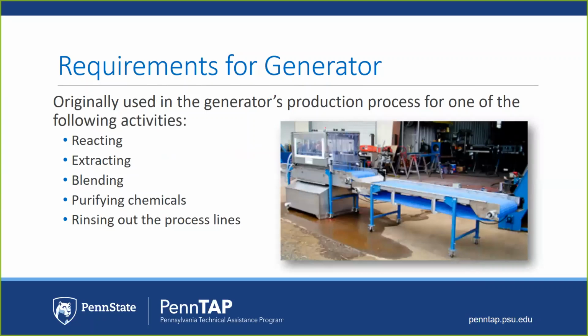In order to qualify for the exclusion, the solvent must have originally been used in the generator's production process for one of the following activities: reacting, extracting, blending, purifying chemicals, or for rinsing out the process lines associated with these functions.